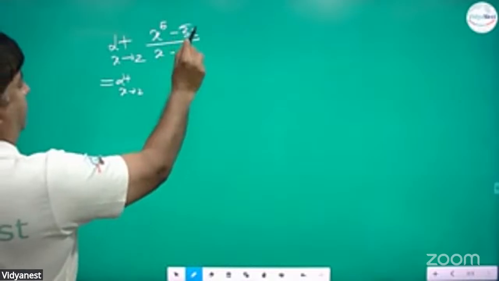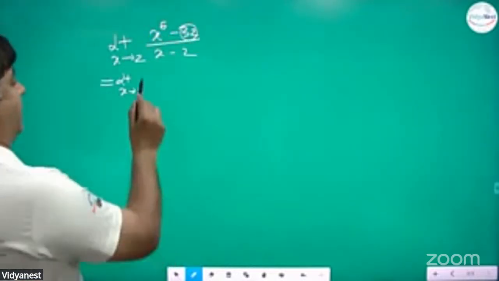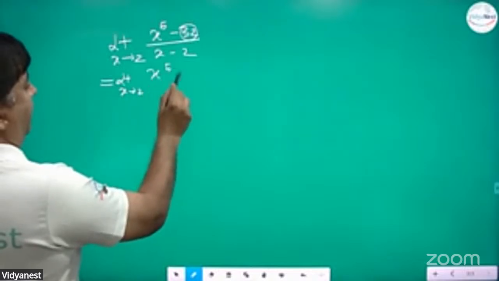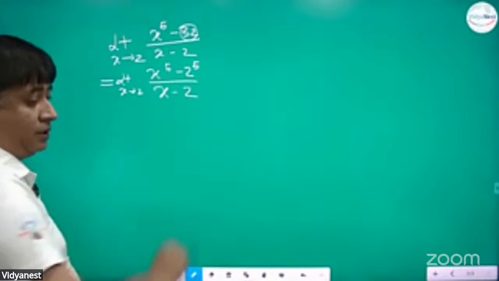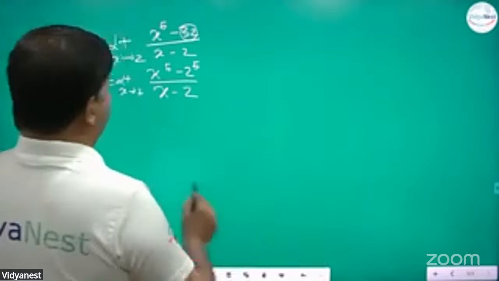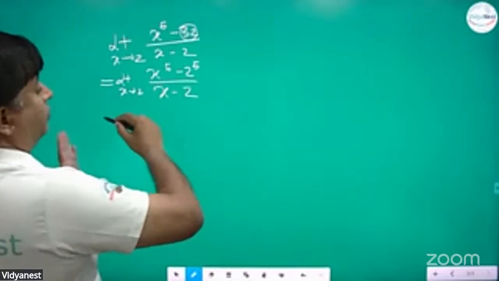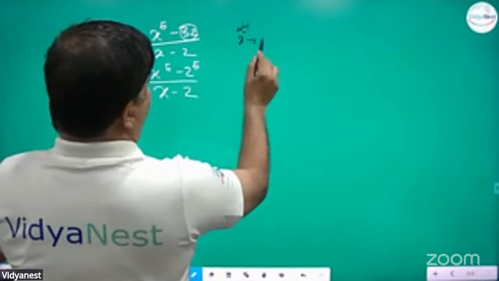Now 32, can it be expressed in terms of some power of 2? Yes. (x^5 - 2^5)/(x - 2). So you see, with which formula it is comparable? The formula we have just done.